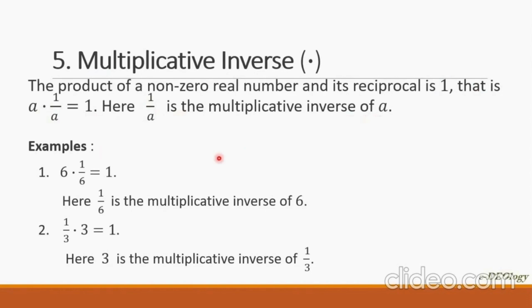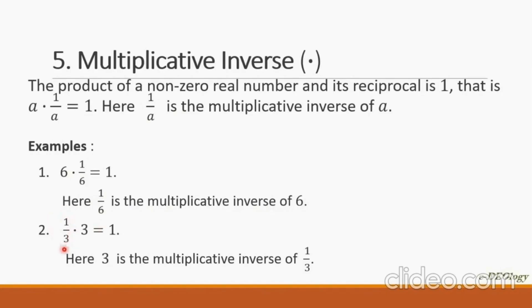We have two examples here. Example 1, 6 multiplied by 1 over 6 equals 1. Here, the 1 over 6 is the multiplicative inverse of 6. So we are taking the reciprocal of the given number. Example number 2, the given is a fraction, 1 over 3.